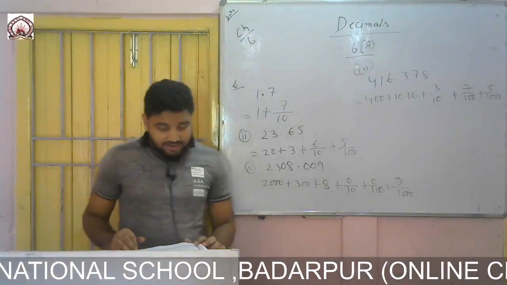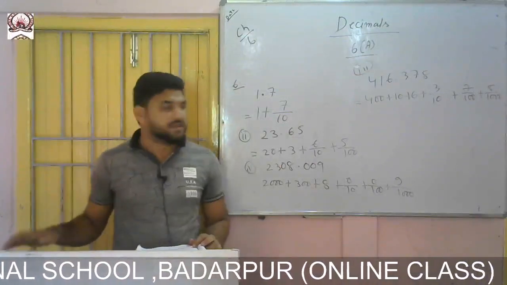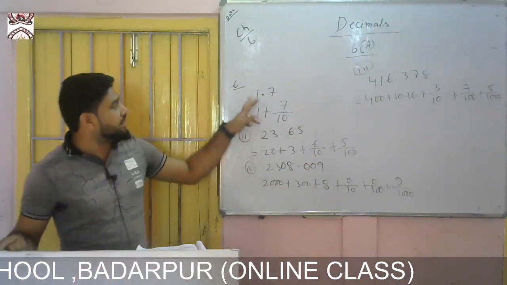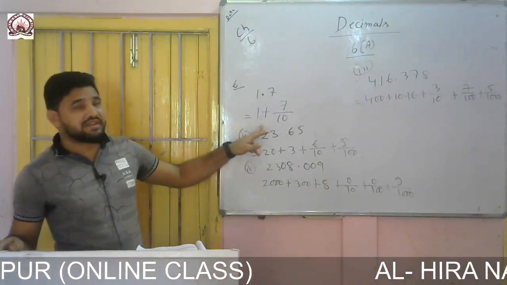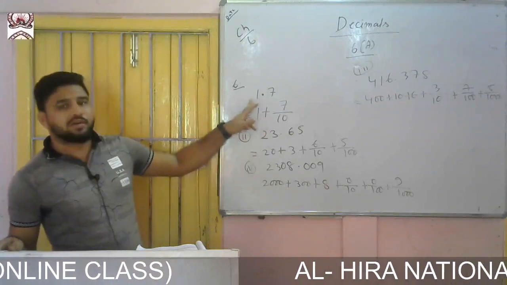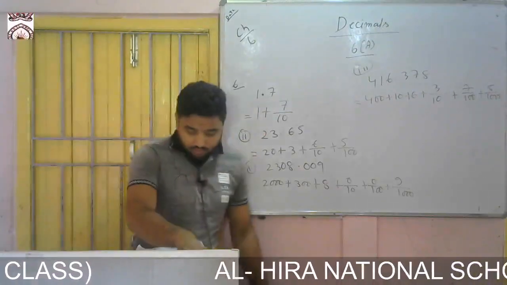Now come to question number 7. Write each of the following in standard form. That means we have converted from decimal to expanded form; now the question is in expanded form and I need to write it in decimal. So see how to write.